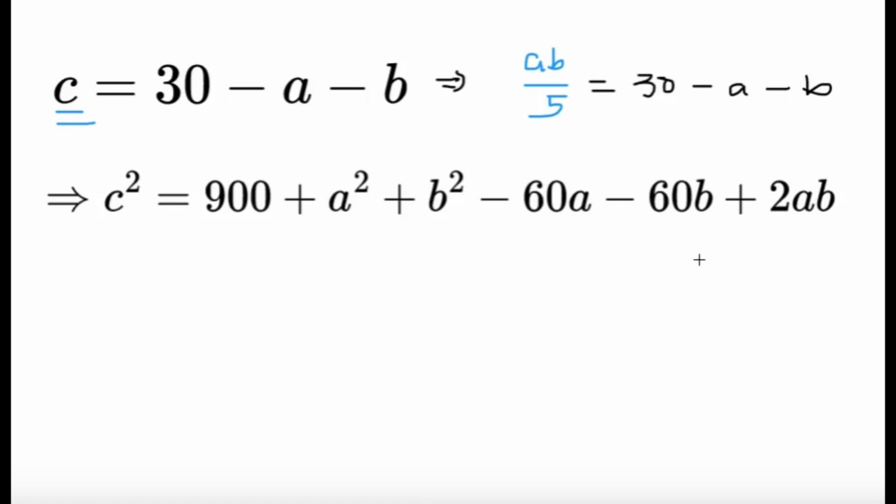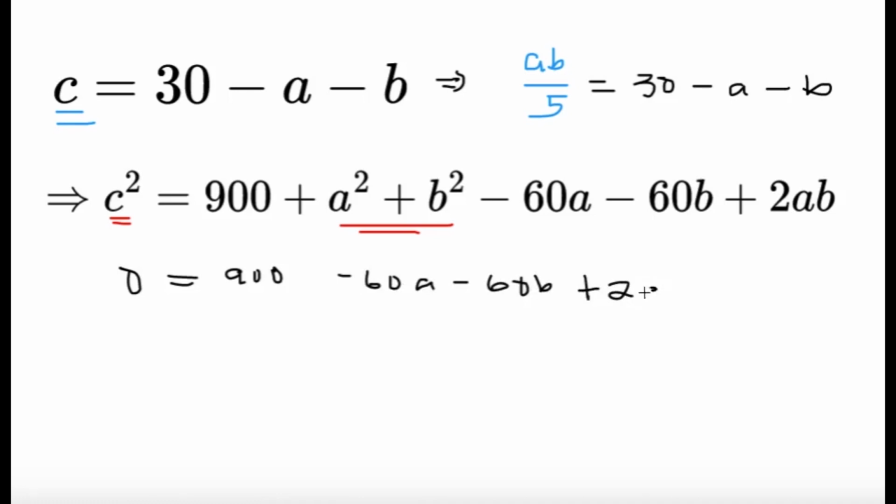From this part, there are obvious things that we can cancel: we have c squared and then a squared plus b squared, and we can cancel those because of the Pythagorean theorem. So we end up with 0 equals 900 minus 60a minus 60b plus 2ab.